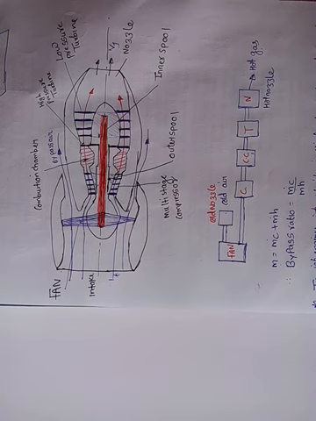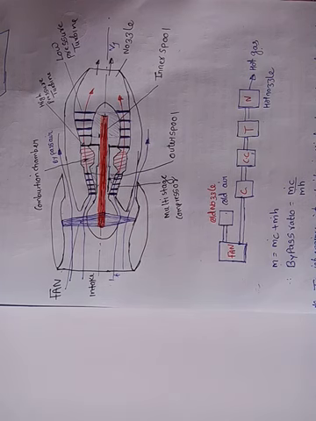So how will you improve the efficiency? The only method is to use a fan. You can use a fan for partially generating thrust from the cold nozzle and some by the hot nozzle. In this way you can improve the efficiency of an engine.